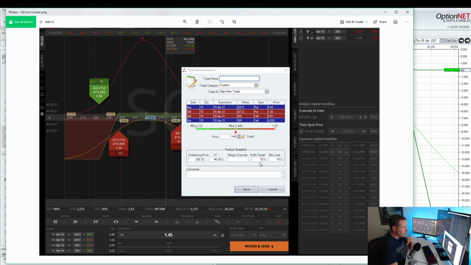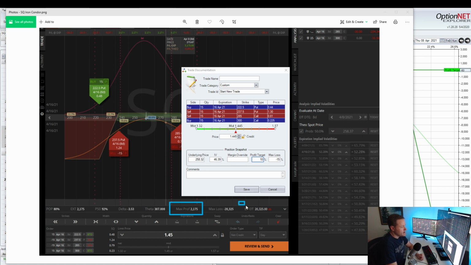So that looks good. Now for our profit target on this particular trade, remember that we were talking about a max profit of $2,175. However, the odds of capturing that entire max profit are obviously not as good as just capturing some of that. And really, that's what we should be shooting for.